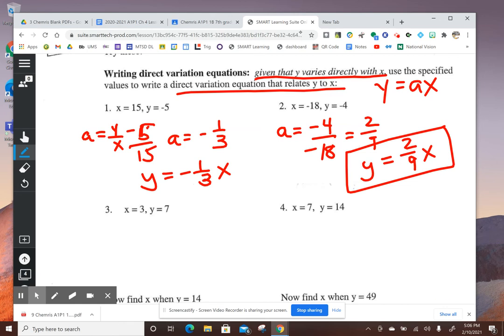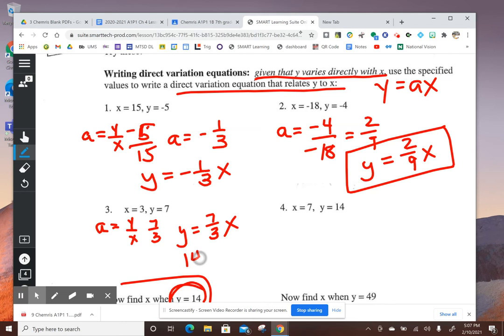It says here down at the bottom, okay, once you find the direct variation equation, find the value of x when y is 14. So first I have to find my direct variation equation. A equals y over x. A equals 7/3. So y equals 7/3 x. But now it's saying, what is x when y is 14?